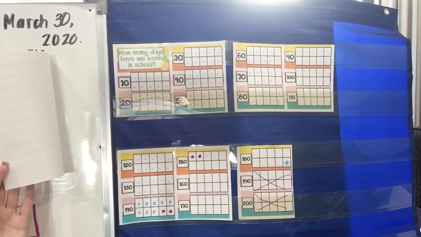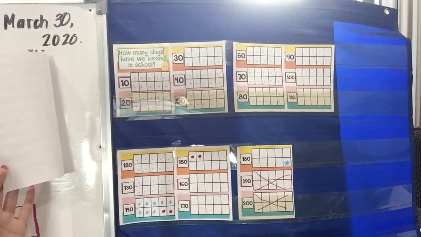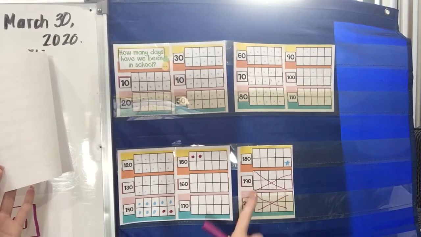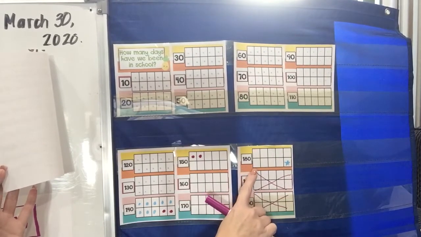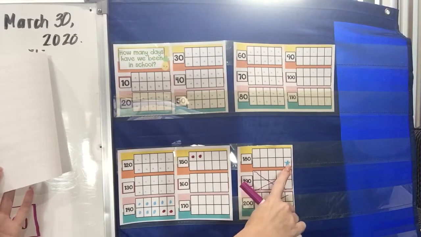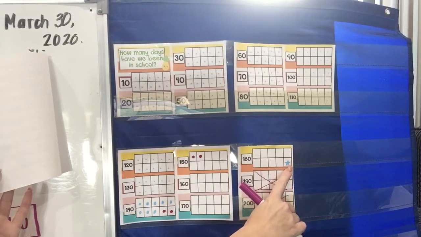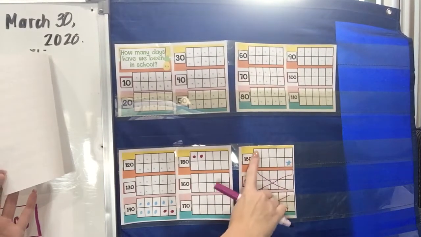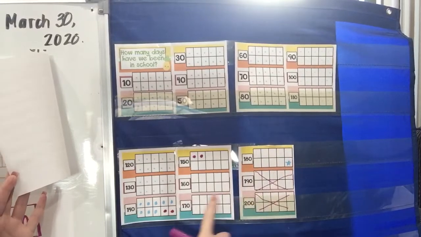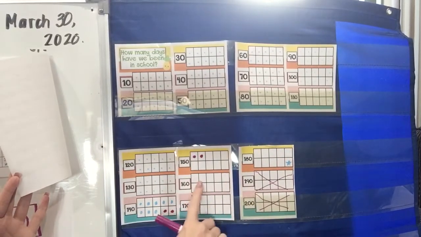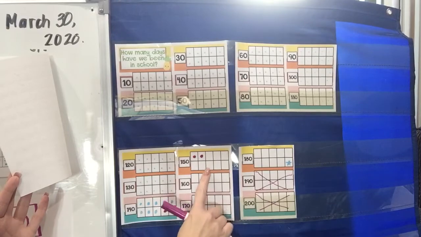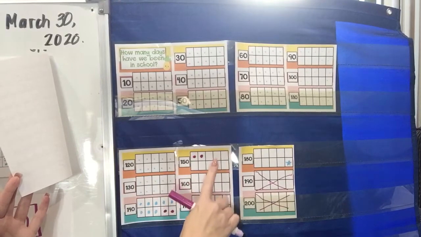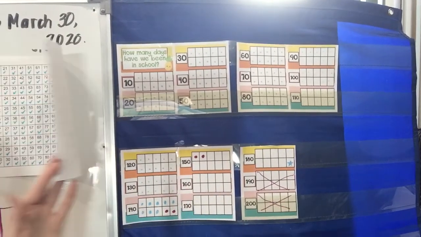So if I want to find out how many days of school we have left, then I could actually start right here. I'm going to start all the way at the end and go backwards. And so that star isn't a day that we've already had. That's just there because it's the last day of school. So this is 10, 20, 30, 31, 32, 33, 34, 35, 36, 37, 38.